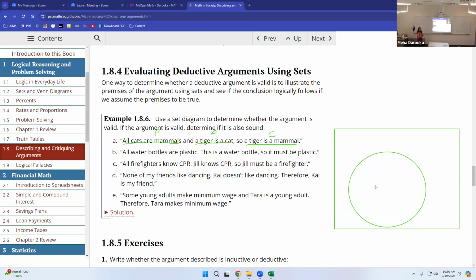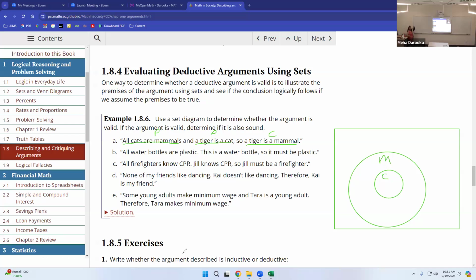Because if all cats are mammals, then think about mammals as a larger group. The larger circle is mammals, and cats is going to be a smaller part of it. So you're actually going to put cats on the inside. This would be cats, and this would be mammals. Or at least that's my thinking here.